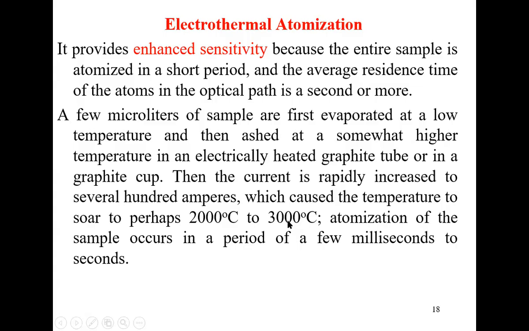A few microliters of sample are fast evaporated at a very low temperature and then ashed at a somewhat higher temperature in an electrically heated graphite tube. So you put the graphite tube within the electrodes. Notice the two processes there: you evaporate it, and then you ash it.